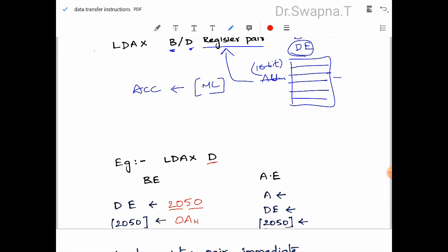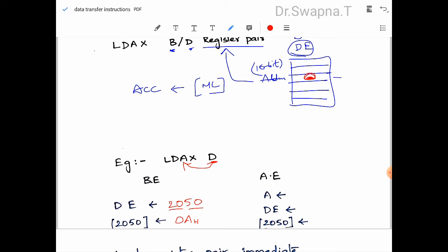DE is a register pair which is going to hold the address of the memory location. Now the content of the memory location whose address is available in the DE register will get copied into the accumulator register. So what does the DE register consist of? 2050.